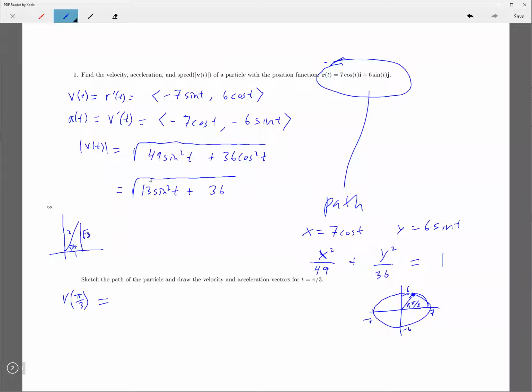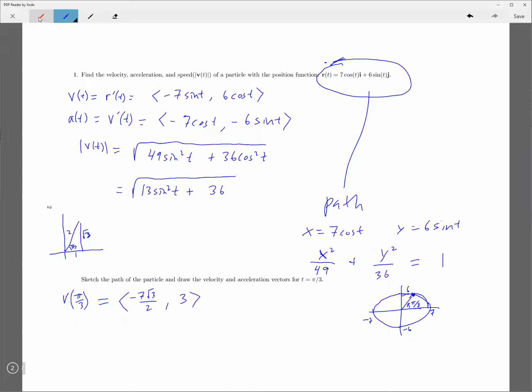Okay, so what is the sine of pi/3? Yeah, it's √3/2, right? So it's going to be -7 √3/2, and the cosine is 1/2, right? So that's going to be 6 divided by 2, or 3.